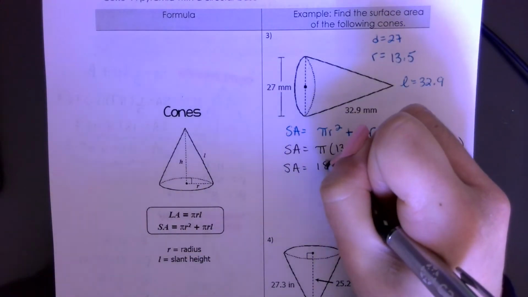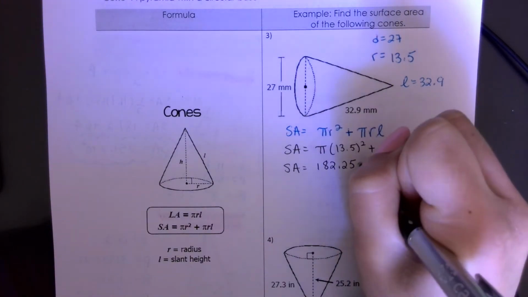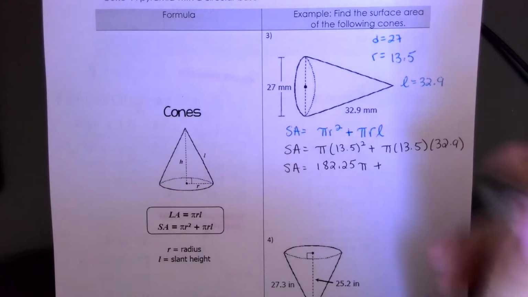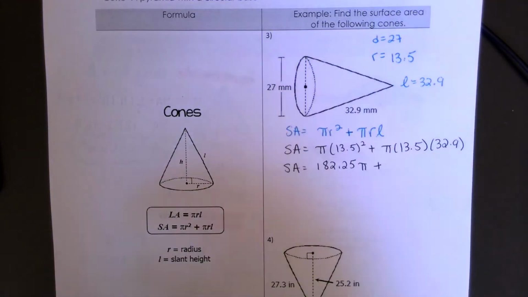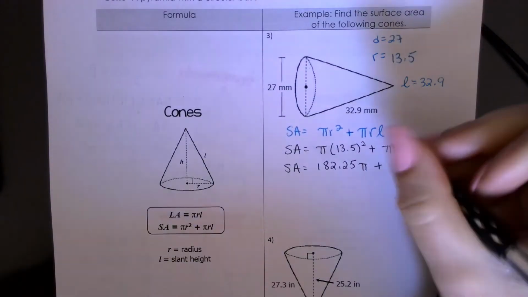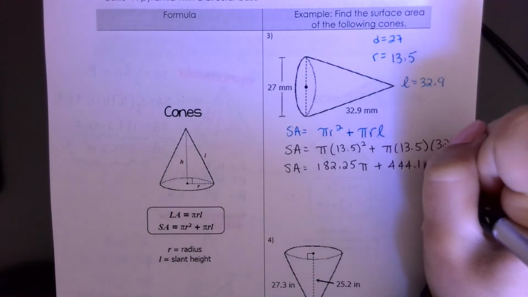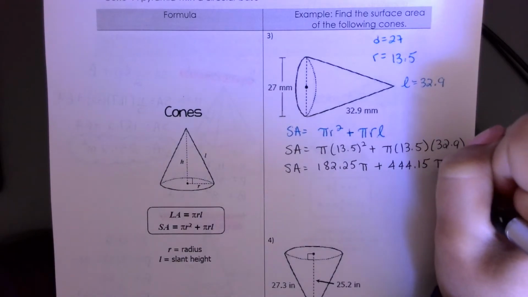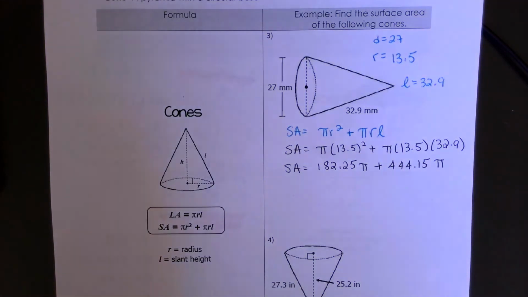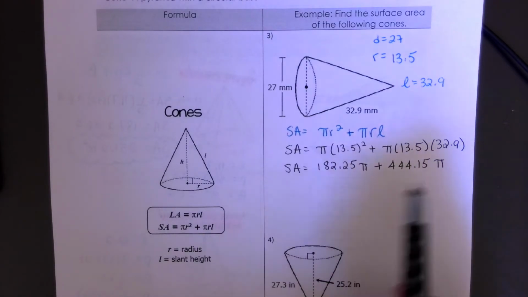So you'll get 182.25 times pi. For now, I'm going to keep things in terms of pi so it'll be more accurate. So I'm going to multiply my numbers out. So I have 444.15 pi.